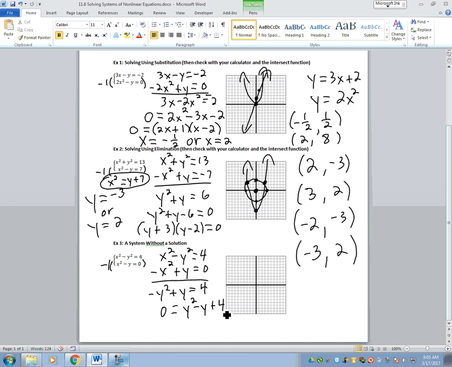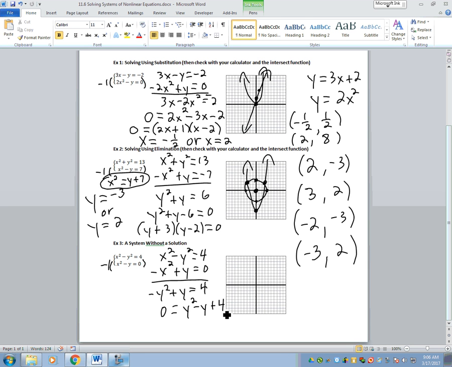And when I go to solve that, first of all, is it factorable? It's not factorable.